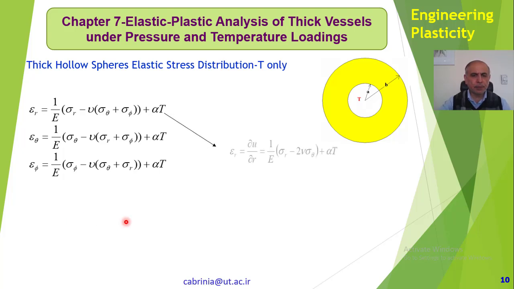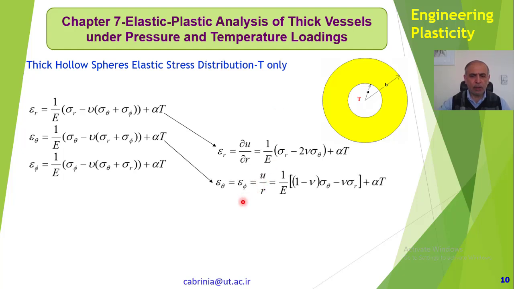And now for this equation, we can write it like this. Epsilon R is equal to partial U to partial R. That's a general relationship for epsilon. And therefore that is equal to this. Because this sigma theta and sigma phi we said are equal due to the axial symmetry of the sphere.